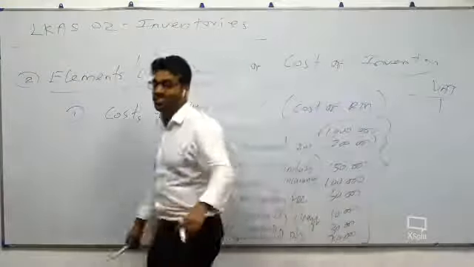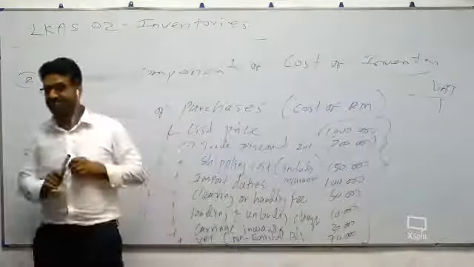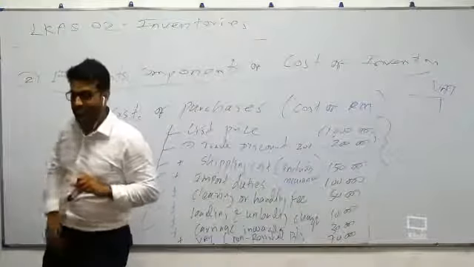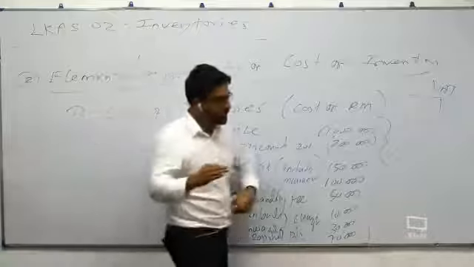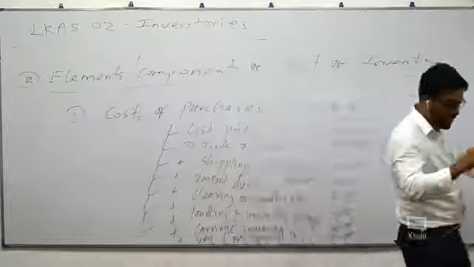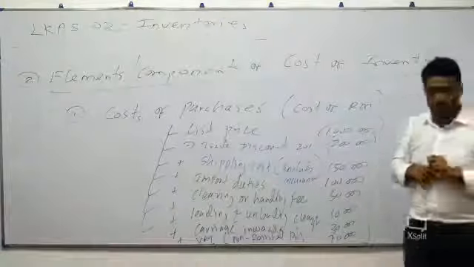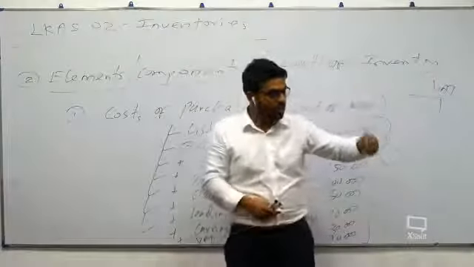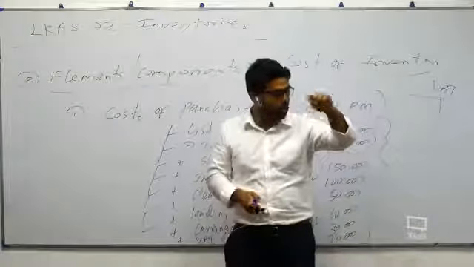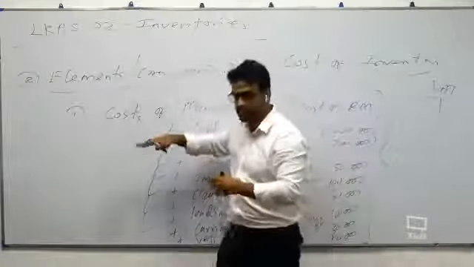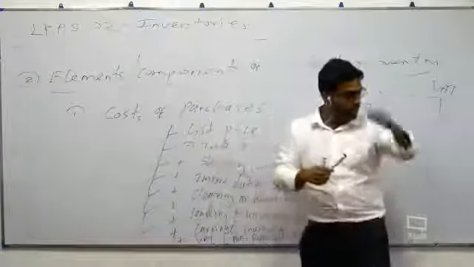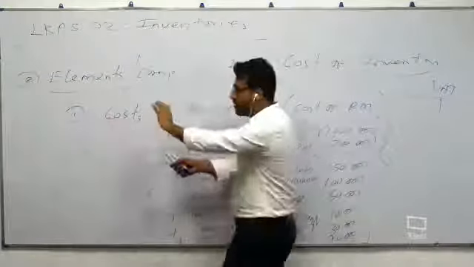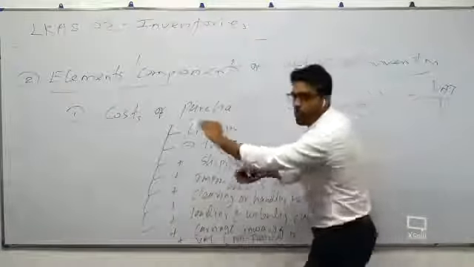How do you call that answer? Cost of purchases. How do you call it? Cost of, start copying. So you have written 3 elements. Take each element and explain it. How did you write the 3 elements? A, B, C or 1, 2, 3? 1, 2, 3. Then in the same way, write cost of purchase and write a small explanation.